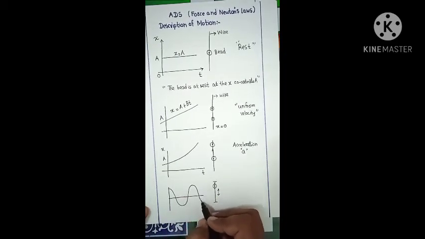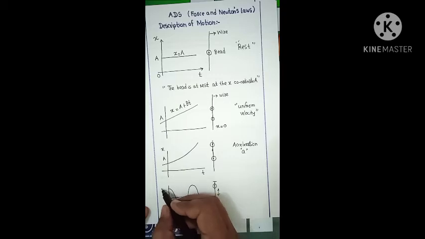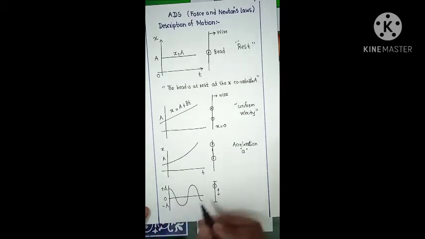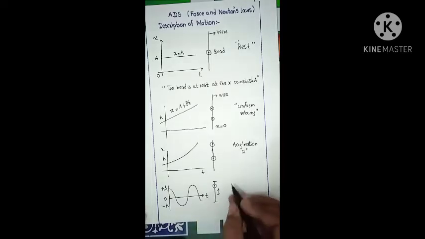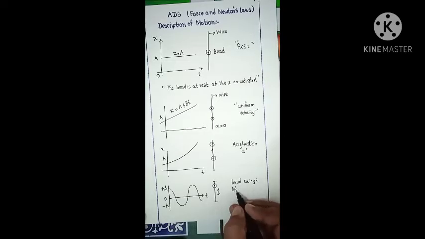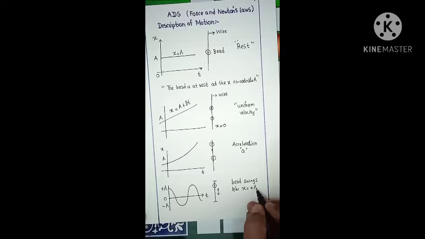It swings between points plus a and minus a, and this is the 0 point, and this is the time interval. The bead oscillates between x is equal to plus a and x is equal to minus a.